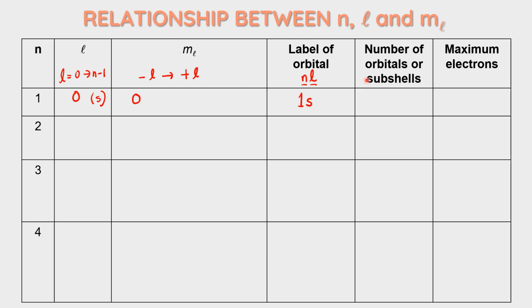To know the number of orbitals or subshell in 1s, you have to refer to the value of ml. So how many numbers do we have here? We have one number only. So bila one number ini bermaksud kita hanya ada sebanyak satu orbital. Okay, so this one orbital is actually referring to this orbital.